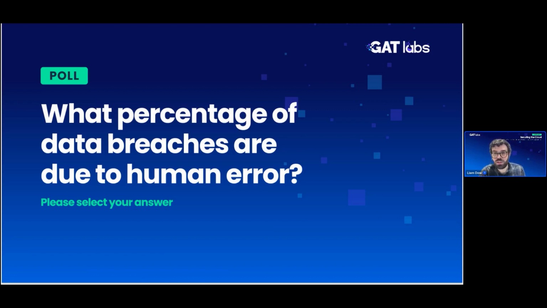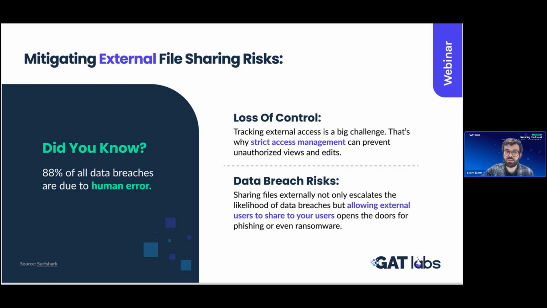again, the top response is the correct answer here, and it is 88% of all data breaches are due to human error. To expand on that, it's not necessarily that people are just continually making mistakes and sharing out data. Obviously that is a component of it. It is people accidentally sharing content, but it could be someone misconfiguring something.